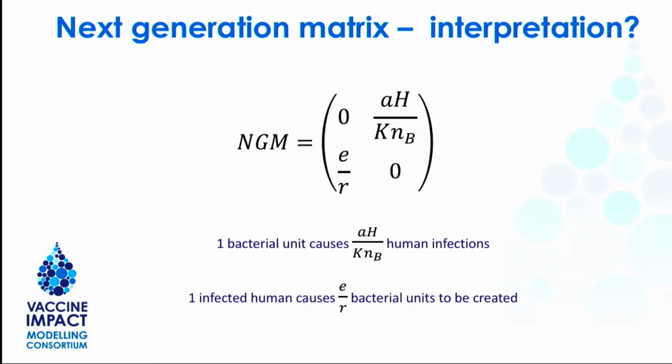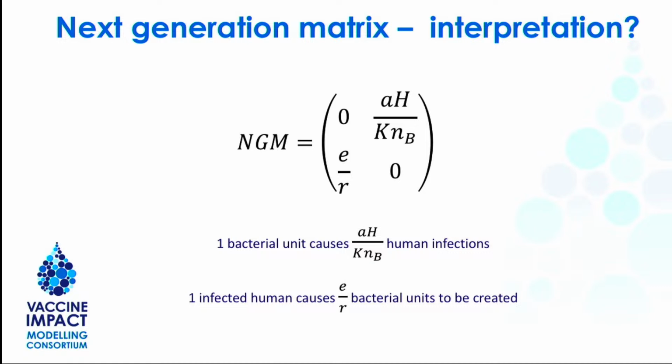So again, if we've got a bacteria in the environment, we're thinking about the number of new infected humans that that's going to lead to per generation. So the infected humans is all of this. We've got our rate that infected humans come into contact with a contaminated reservoir.